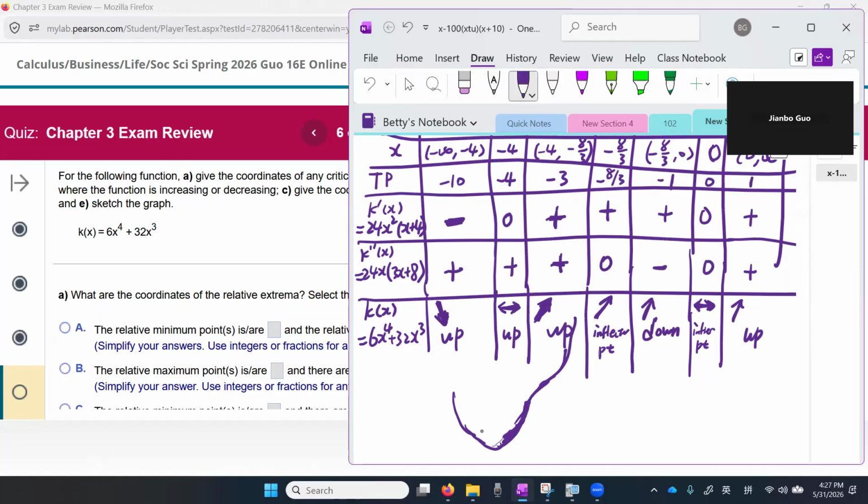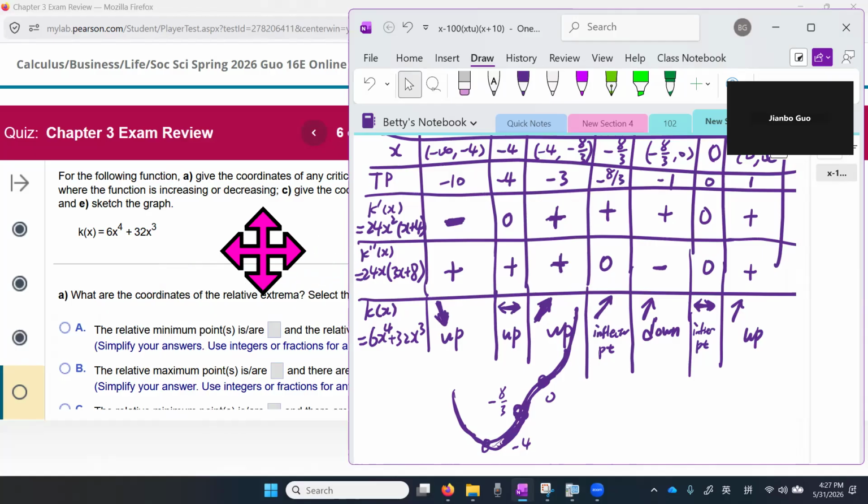Something like that. This is 0. This is negative a over 3. This is negative 4. So if you enter the function to your graphing calculator, you should see something similar.